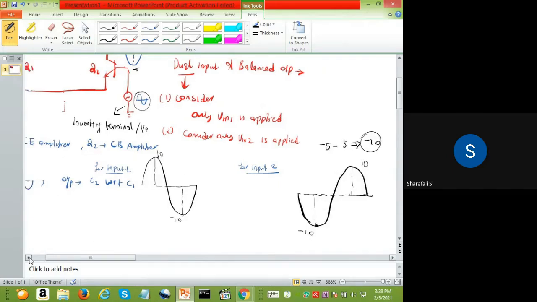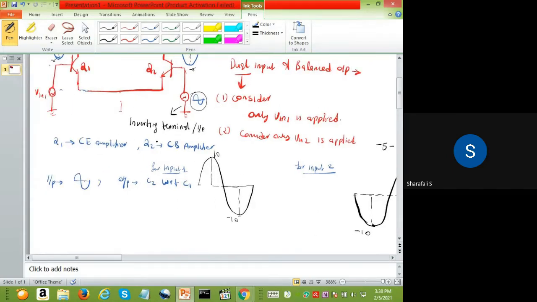But when I apply the signal to this arm, the total output comes like this. So this is non-inverting, because it is in the same phase as the input signal.